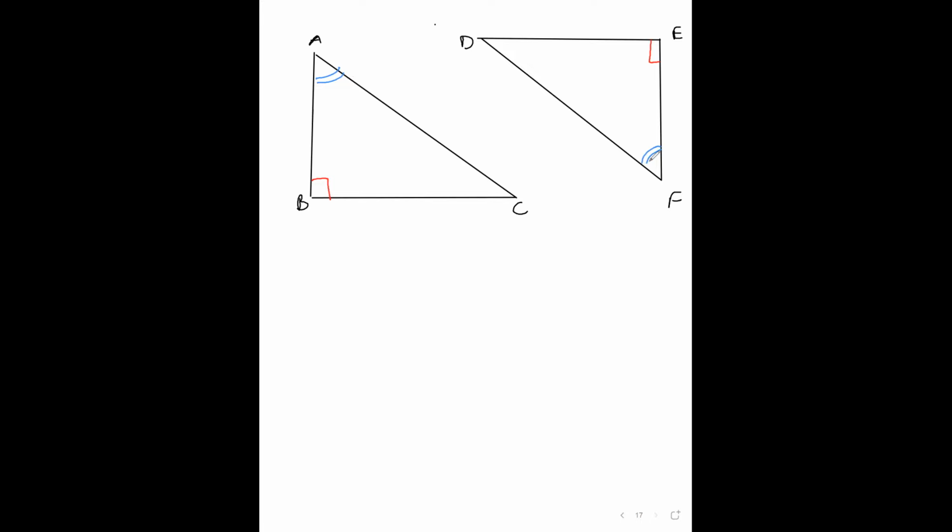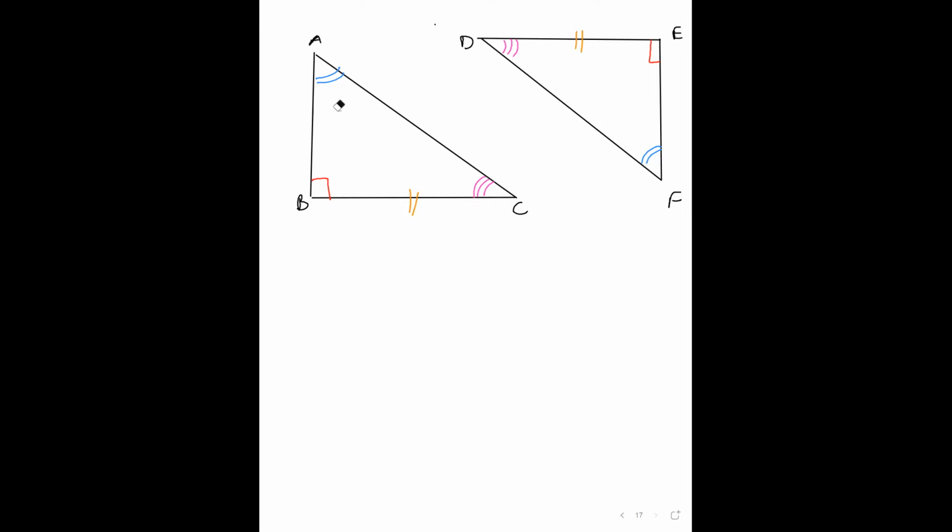So the third angle, will it be equal? Got it, right? So this one will obviously be equal to this one. So now what have you got? You have got one angle, one side, and another angle.